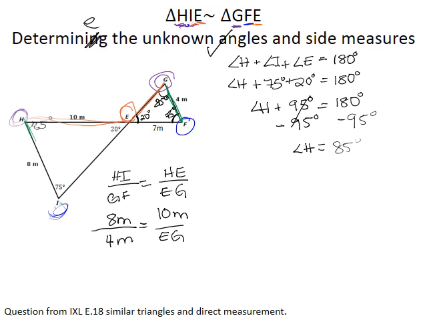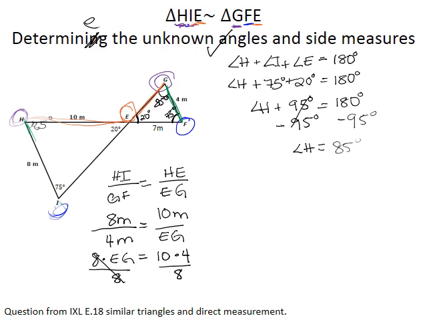Here we can use cross multiplication like we can with all proportions. So we know that 8, I'm not going to write the meters anymore, 8 times EG has to be equal to 10 times 4. And then I divide both sides by 8 to get rid of this 8 over here.